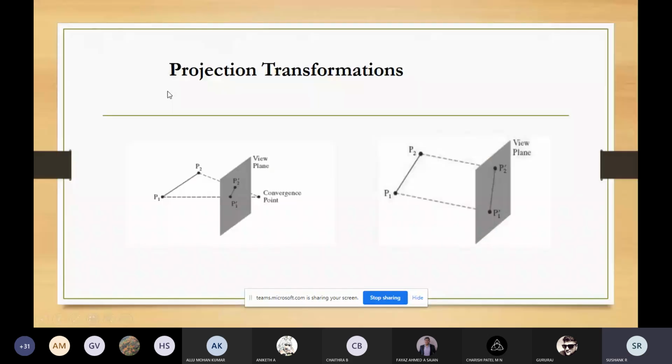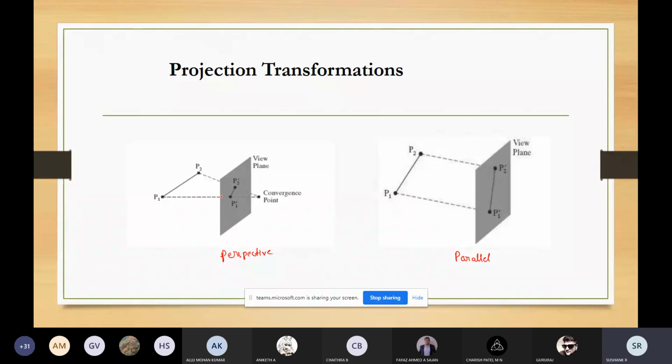On the right hand side of the image, we are having two dotted lines which are parallel to each other, but this is parallel projection. No, this is parallel projection. This is perspective projection. So here two lines are parallel to each other and they are not going to meet.